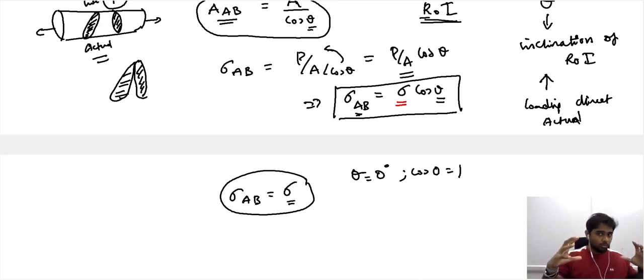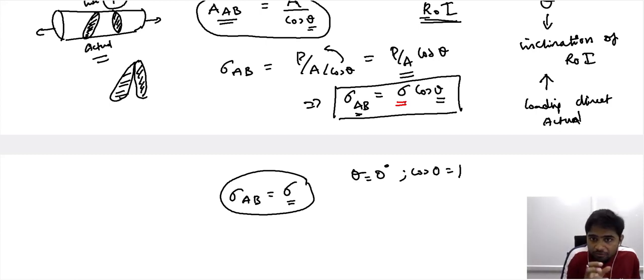So irrespective of the orientation of your loading direction, it becomes possible for us to describe the resistance offered by the area of interest, the resistance offered by the material to this inclined loading direction, and we are able to do this by considering the test condition. And the quantitative understanding that we gain from this is that when your loading direction is inclined, then you move away from the test loading condition.